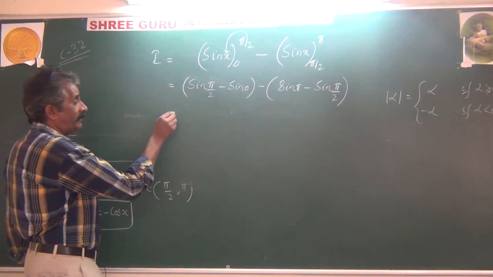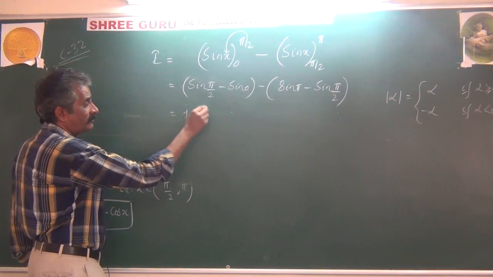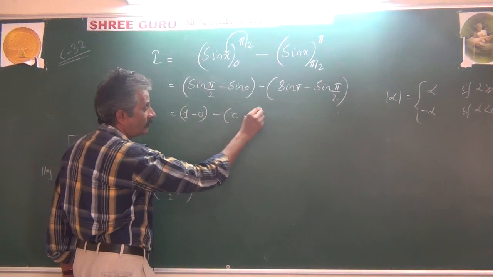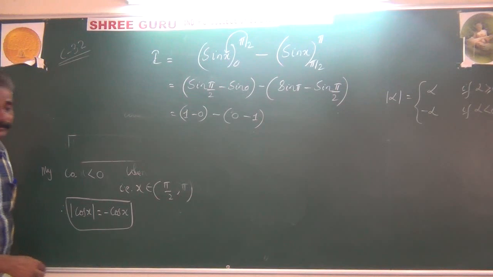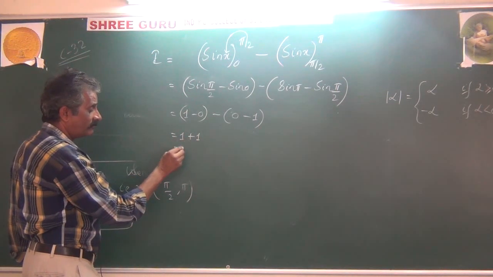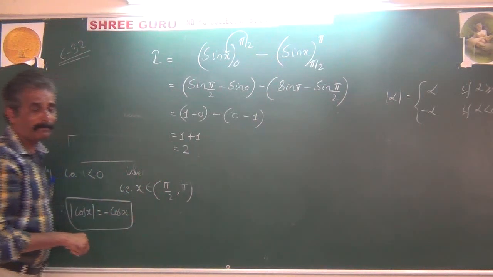Finally, sin pi by 2 is 1, sin 0 is 0, sin pi is 0, sin pi by 2 is 1, so 1 minus of minus plus 1, that is equal to 2.